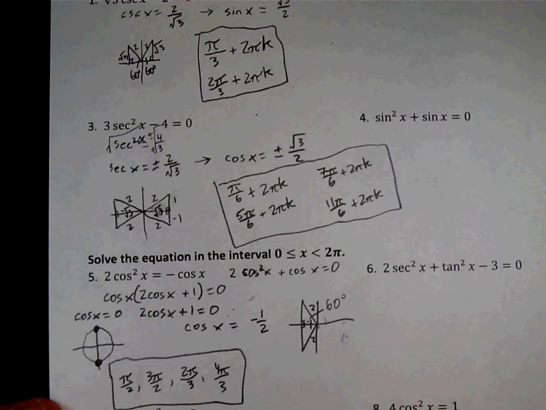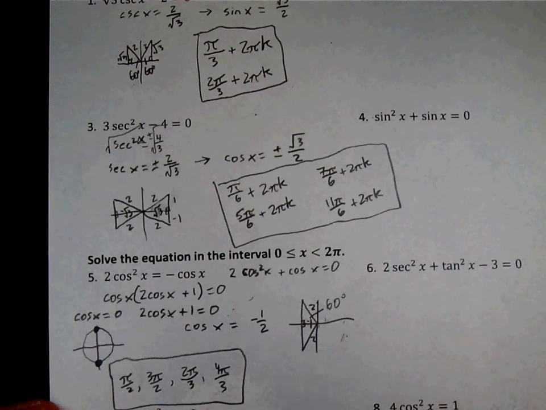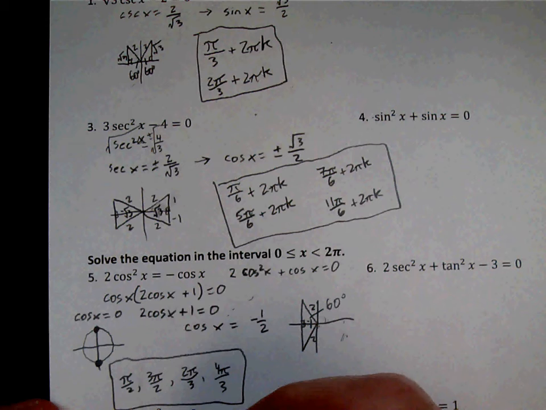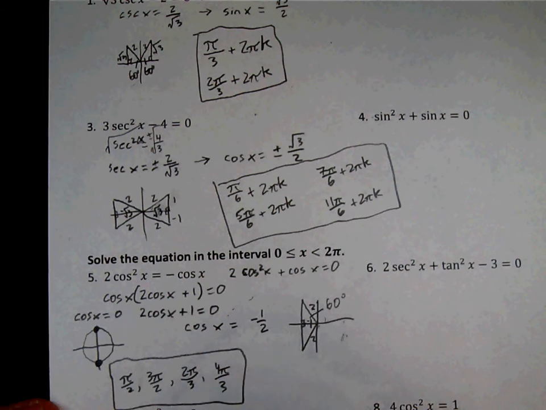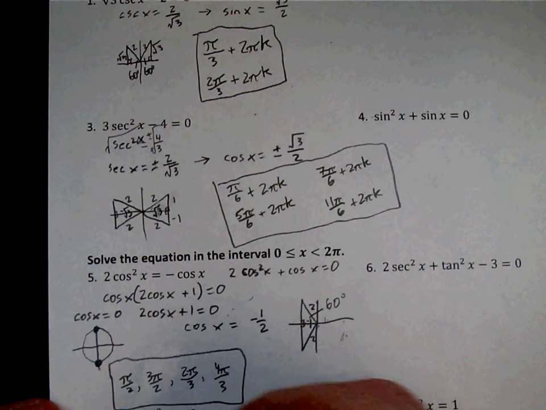Number 7, I'm going to go ahead and subtract my 1, and then I'll divide by negative 2. You notice it becomes a negative over negative, so we're going to have a positive. Then I have to square root. It's plus minus.